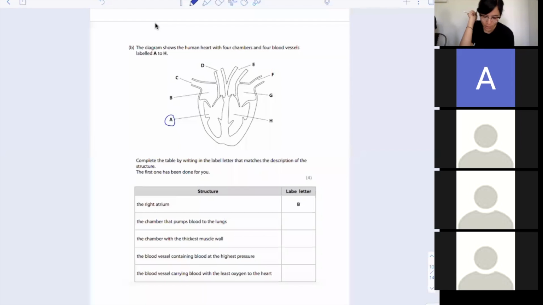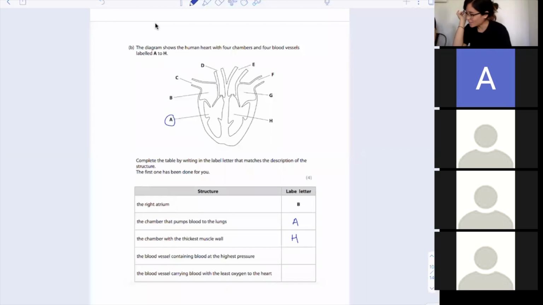Very, very good. Okay, hold fire again, but this time we're looking for the blood vessel containing blood at the highest pressure. Okay, 3, 2, 1.